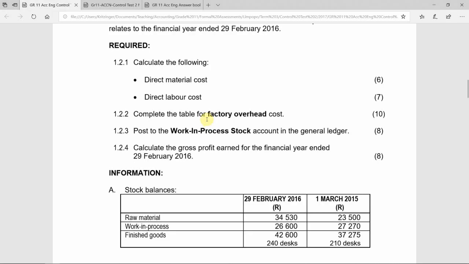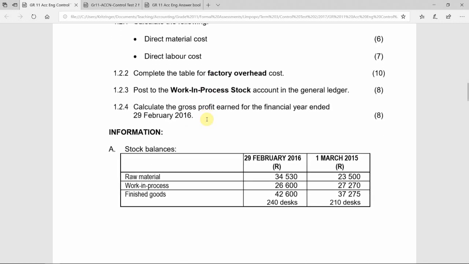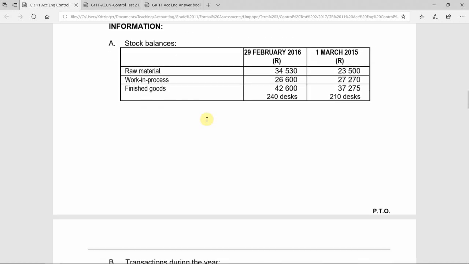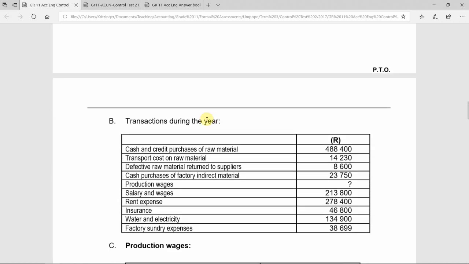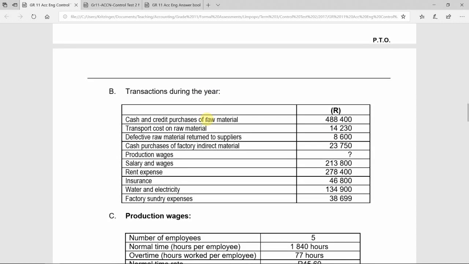So next we have to focus on the direct labor costs. Okay, so we have, amongst other things, production wages, which we have an unknown amount. We still have to determine. We have salaries and wages, but that's in general.